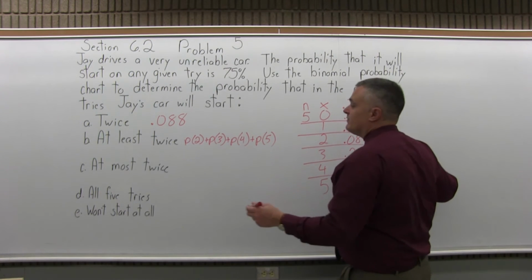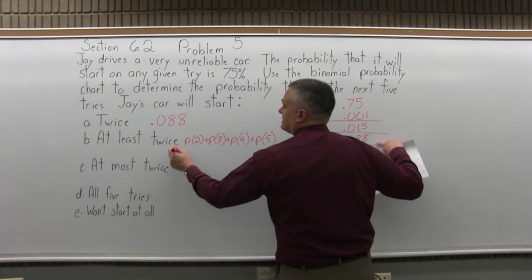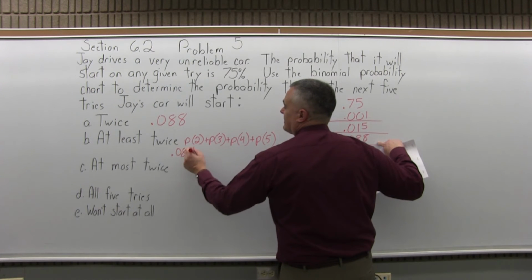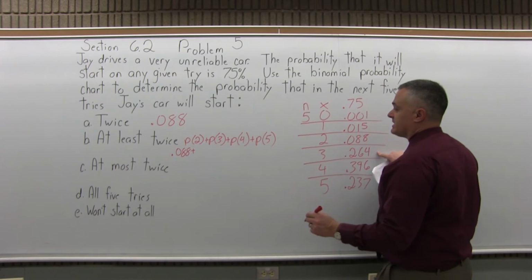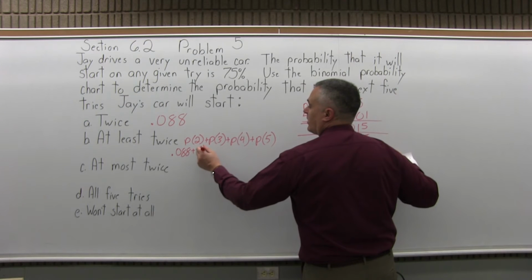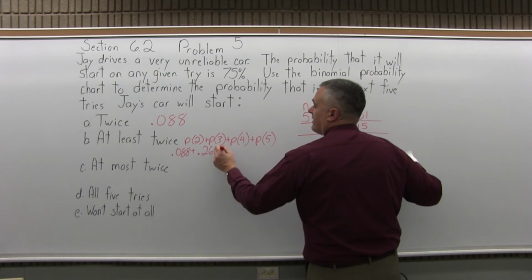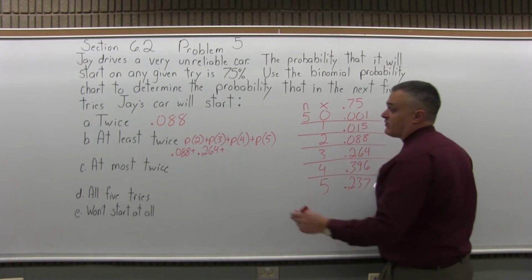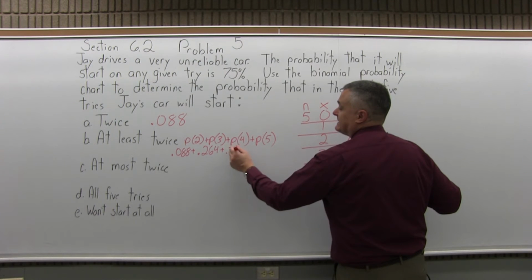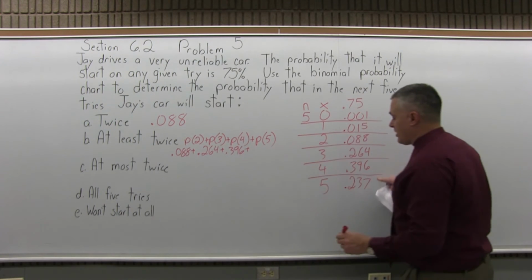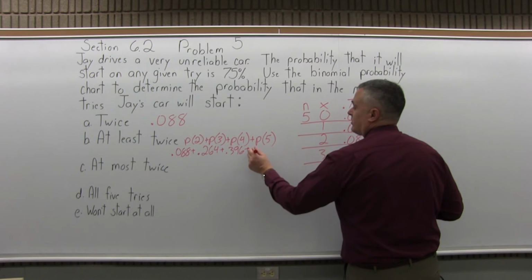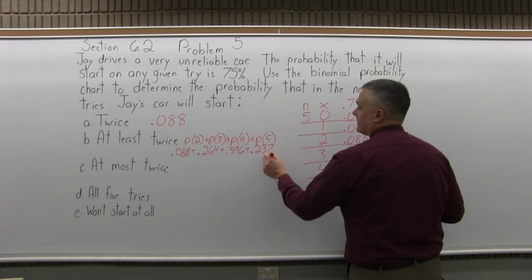So for 2, it's 0.088. Then the probability it will start 3 times is 0.264. Then again from the chart, the probability it will start 4 times is 0.396. And then the probability it will start 5 times is 0.237.